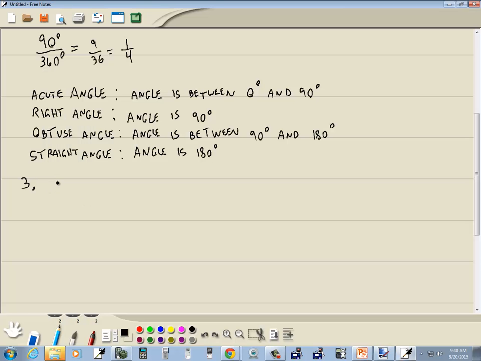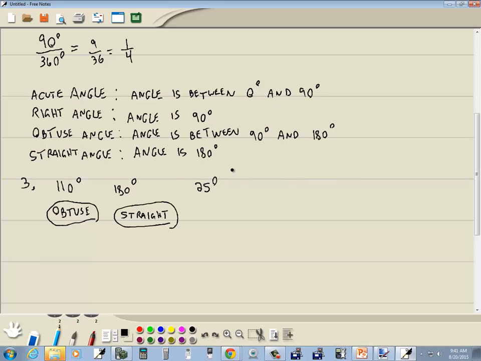Okay, so 110 degrees. Well, it's not 0 to 90, it's not 90, but it is between 90 and 180. So this one would be obtuse. Now 180 degrees. The one where the angle is 180 degrees is our straight angle. 25 degrees.